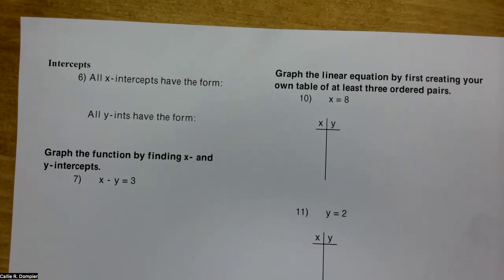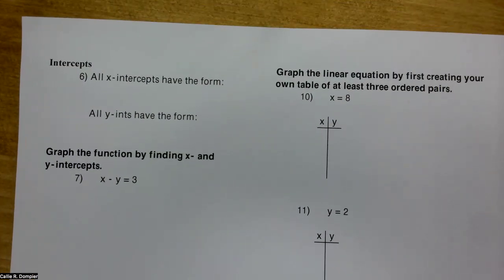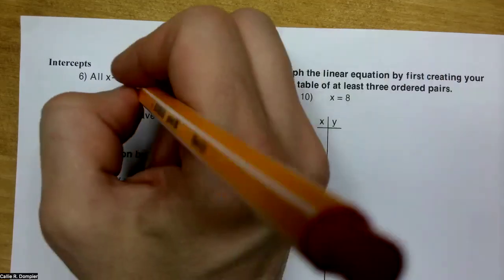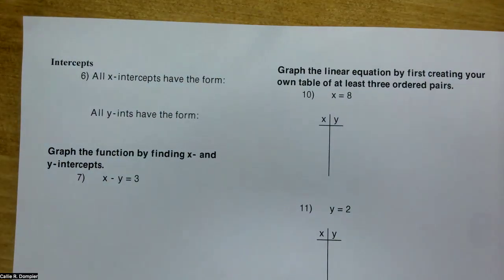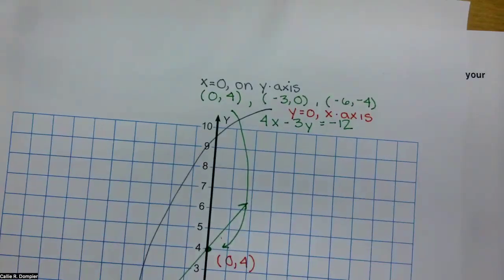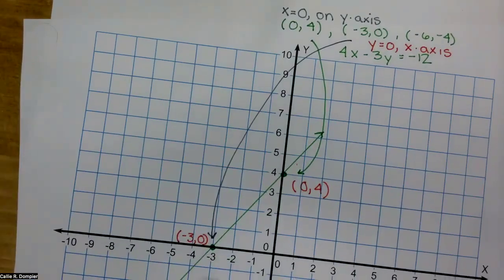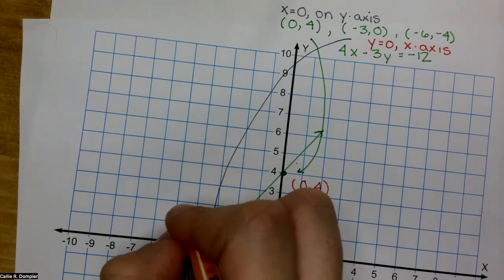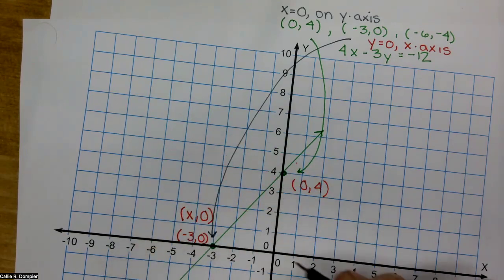So we can say all x-intercepts have the form, an x-intercept is right there, x and then a 0 for y.